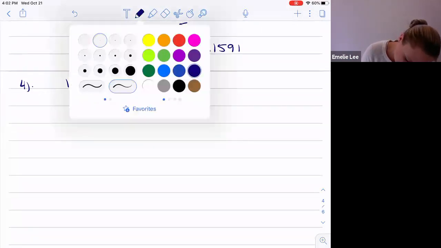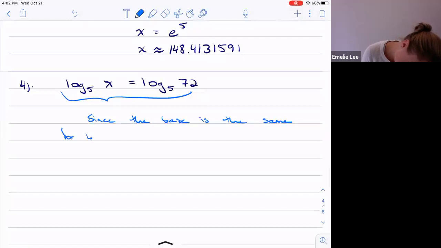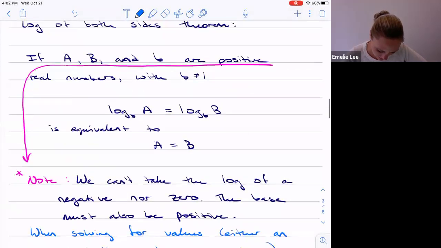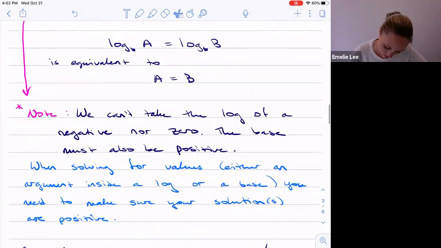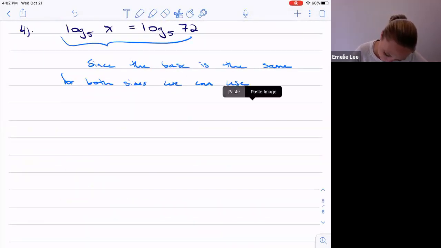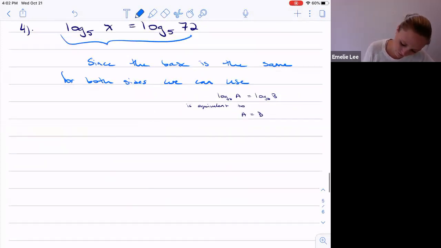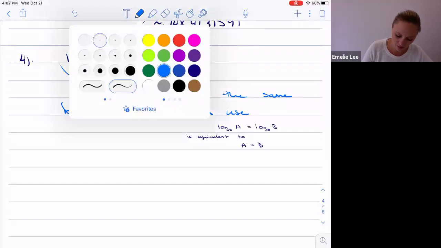Either way, you're going to end up with x equals 72. So here, since the base is the same for both sides, x would just be equal to 72.